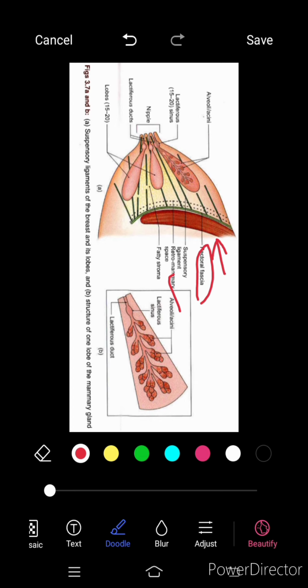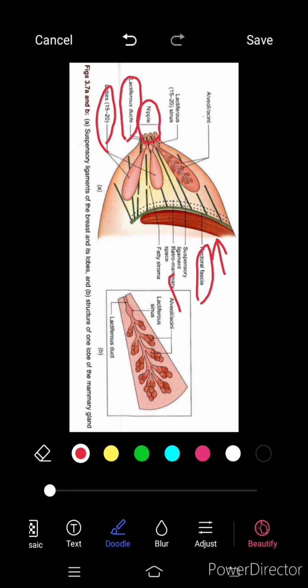And this one is the nipple, which is pierced by 15 to 20 lactiferous ducts. And the parenchyma, which is a compound tubulo-alveolar gland which secretes milk, consists of 15 to 20 lobes.